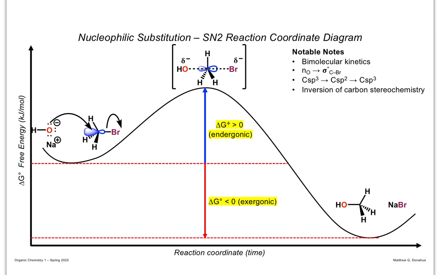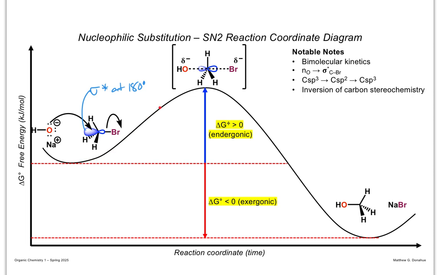So on the left side of the coordinate here, in our starting well, we have the electrophile bearing the leaving group, the nucleophile supplying electrons. That lone pair attacks the sigma star orbital at 180 degrees opposite the leaving group.